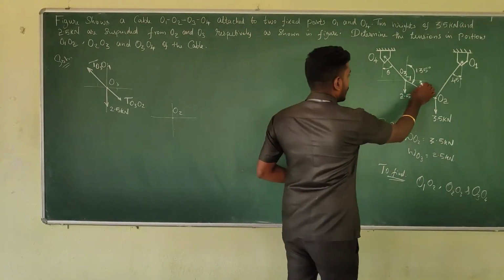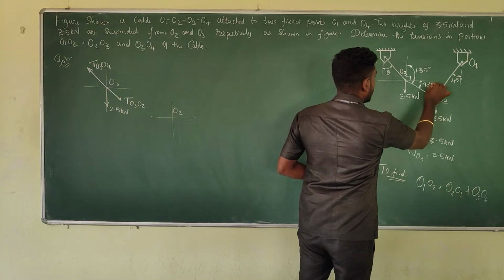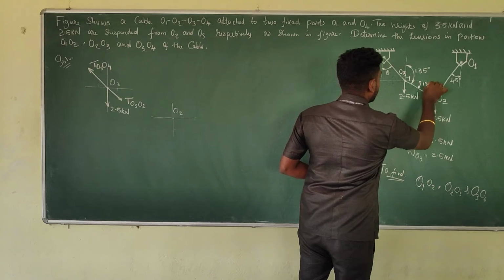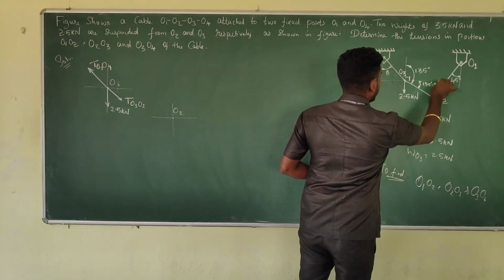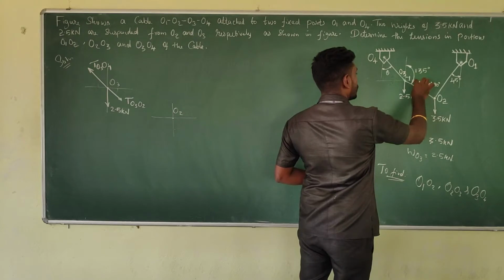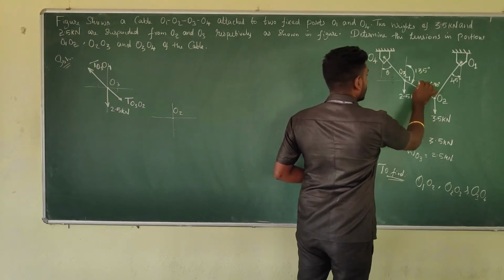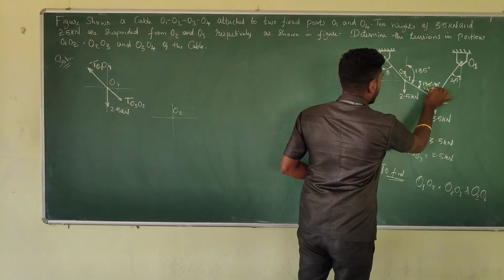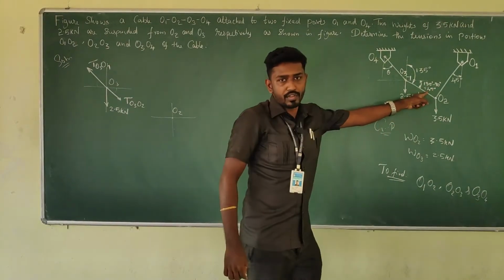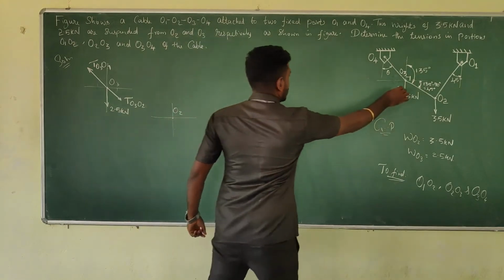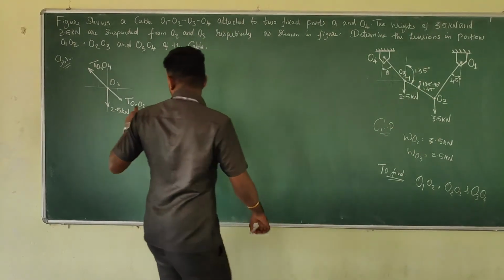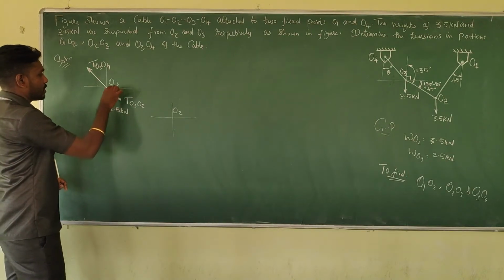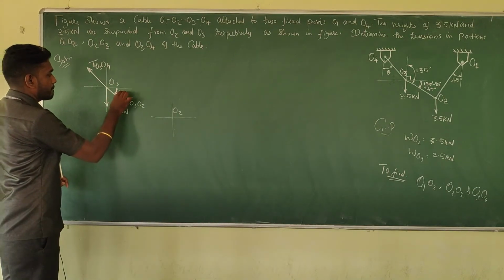So 135 degree minus 90 degree, I subtract this so that I get the remaining portion, which is nothing but this angle. So I will get 45 degree. So this tension from O3 to O2 makes 45 degree with the horizontal axis, the x-axis.